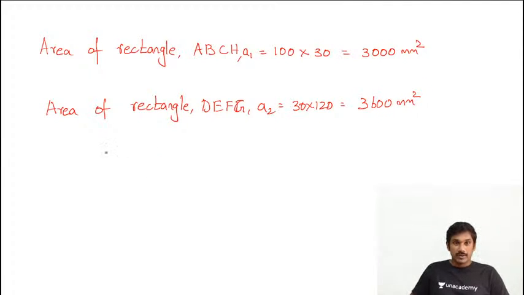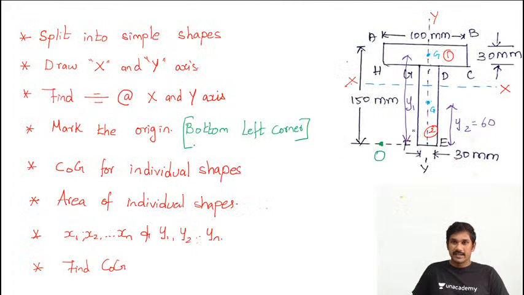So we have found two areas. Next, the y1 value is 135 mm and the y2 value is 60 mm, which we have already calculated.